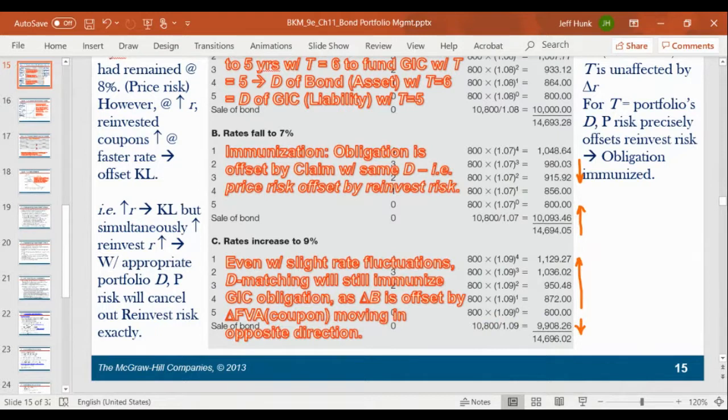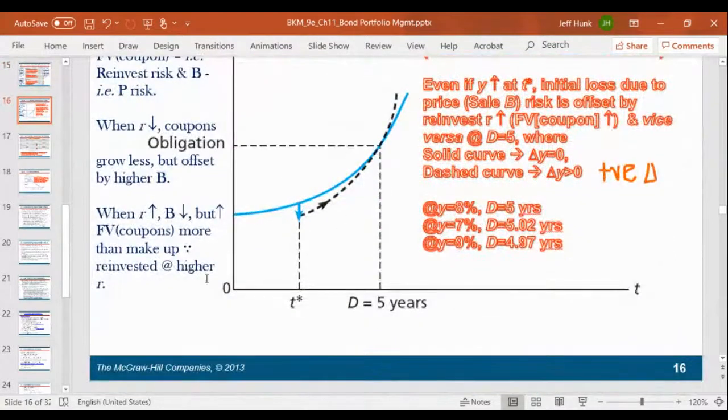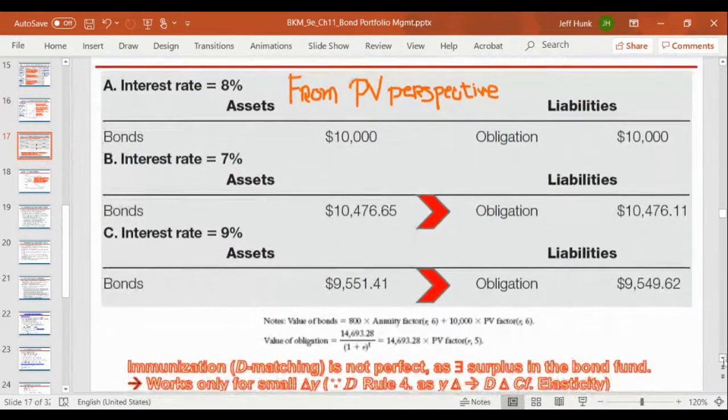So our obligation is immunized, and we looked at it from the duration perspective, right? And we also look at it from the present value perspective, right?